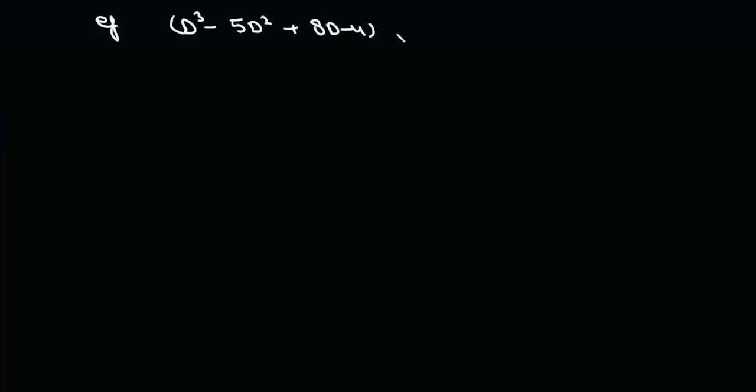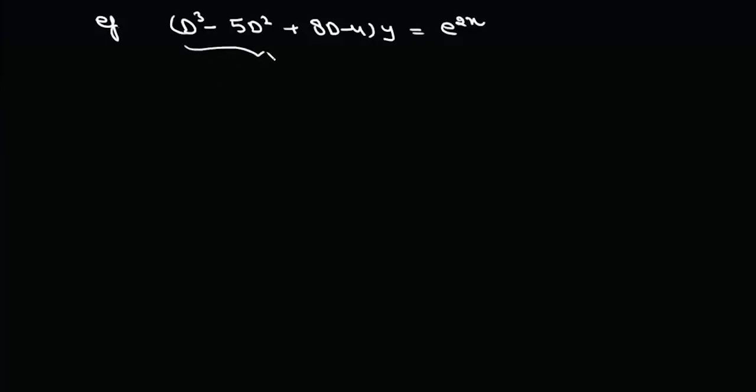Now let us take another example. Now the question is d cube minus 5d square plus 8d minus 4 into y, and it is equal to e to the power 2x.